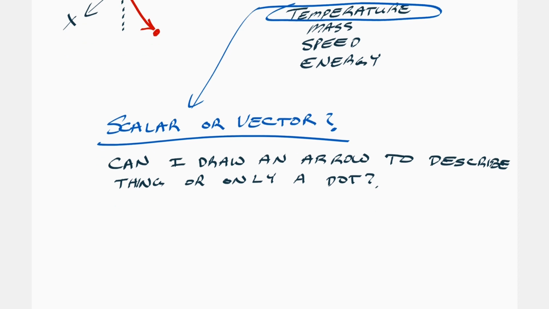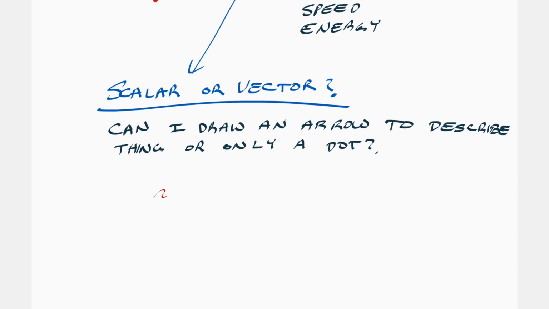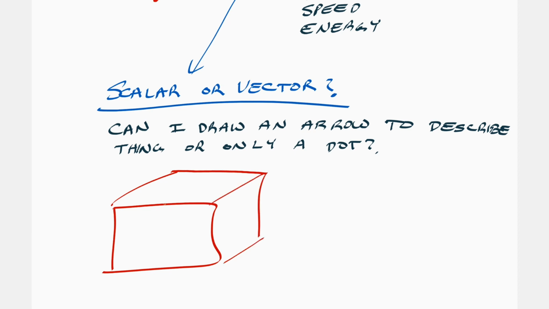So let's put that into practice. With temperature, let's just say that we have a room. And in this room, I pick one random spot, right? Let's just say some random spot, right? And that's the one we're talking about right there. Now, let's just say the temperature here is 70 degrees Fahrenheit. Okay. It does not make sense to draw this dot with an arrow, right?